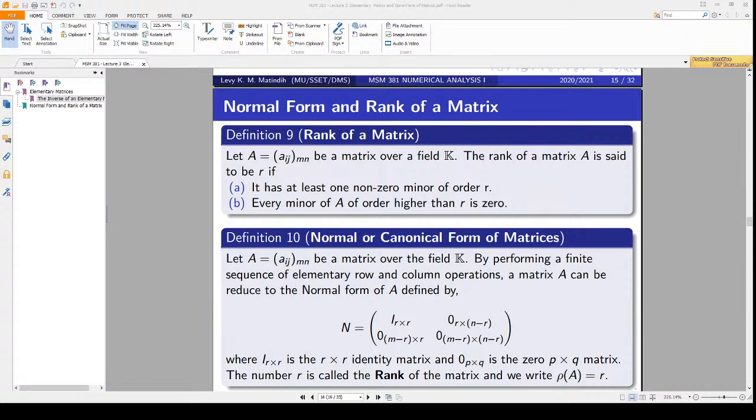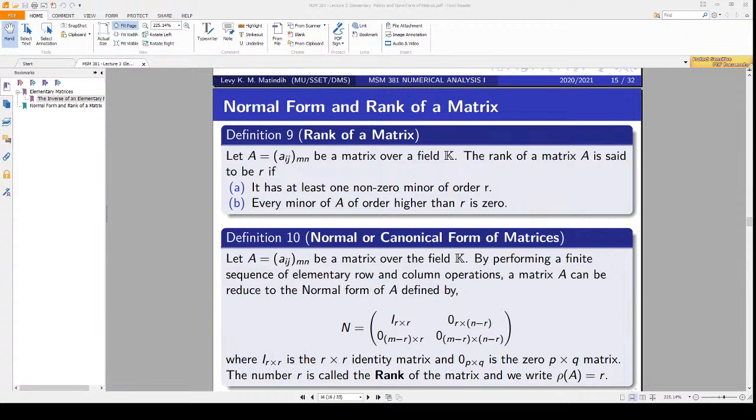Then the other matrix is a matrix of zeros of order M minus R times R. This is another zero matrix of order M minus R by N minus R. So these are zero minors.